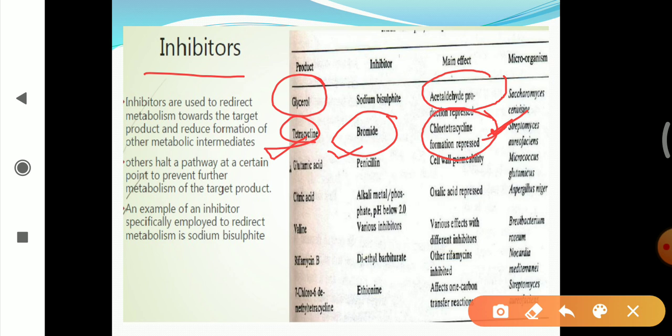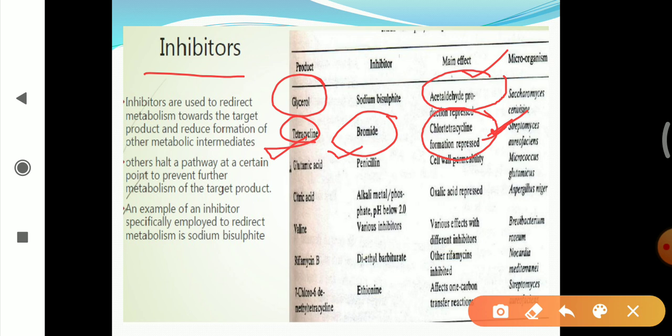The bisulfite will react with acetaldehyde and form sodium hydroxyethyl sulfonate, or in other words, the acetaldehyde bisulfite.